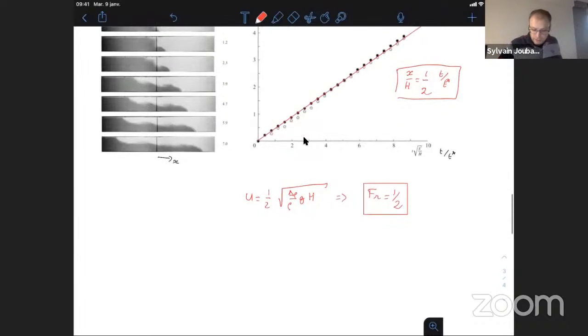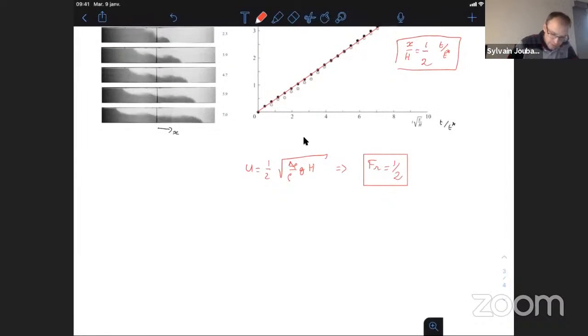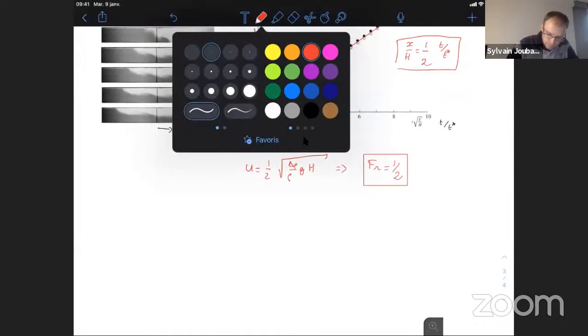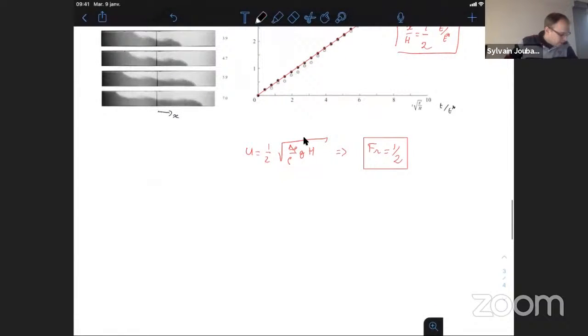And what I want to explain now is just basic features to derive such results. And this is a very easy calculation, so I will not go into all the details of the derivation.